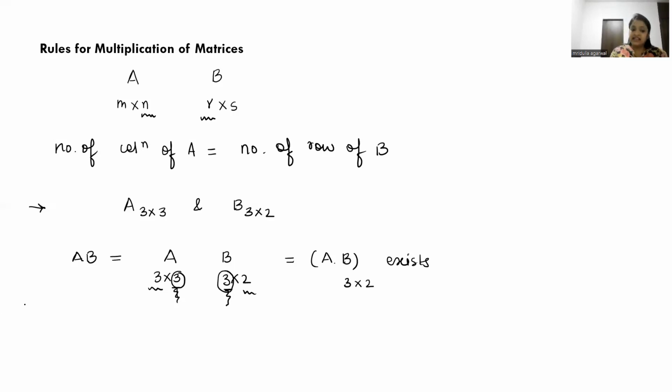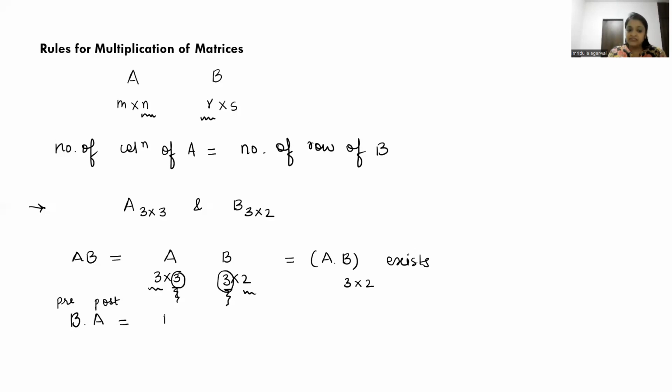Let us take one more example. If I want to multiply B into A, now B is at the first position and A is at the second. For B, we'll use the word pre, and for A, the word post. So B is pre-multiplied and A is post-multiplied.